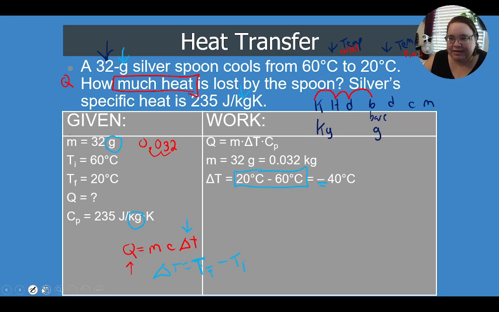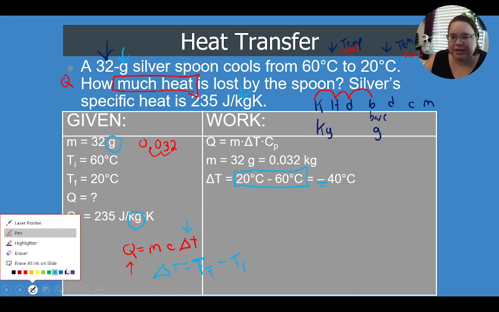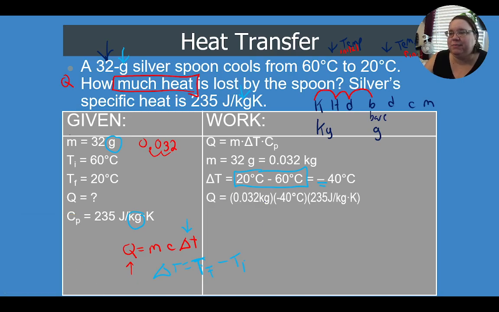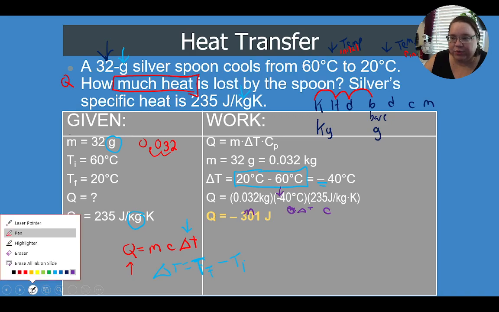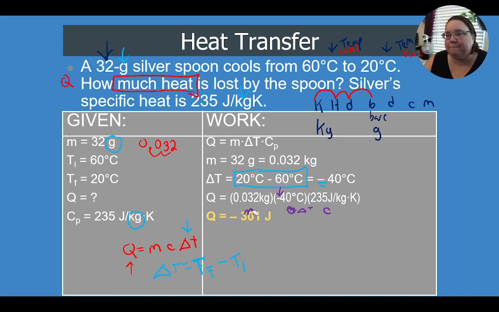Now that I've gotten my numbers in more usable forms, I can actually plug them straight into my equation. I'm going to take my M times my C times my delta T. Don't forget that negative sign. When you type it into the calculator, it should give you a negative value of 300.1.